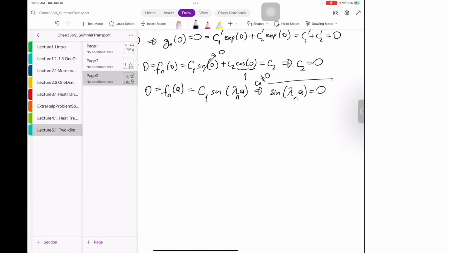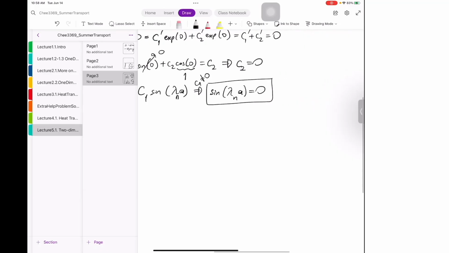Okay, and there are only particular numbers that can satisfy this, meaning that since sine is a periodic function and it takes 0 once in a while, every pi, the lambda_n a must be some multiple of pi. So lambda_n is going to be equal to n pi over a.